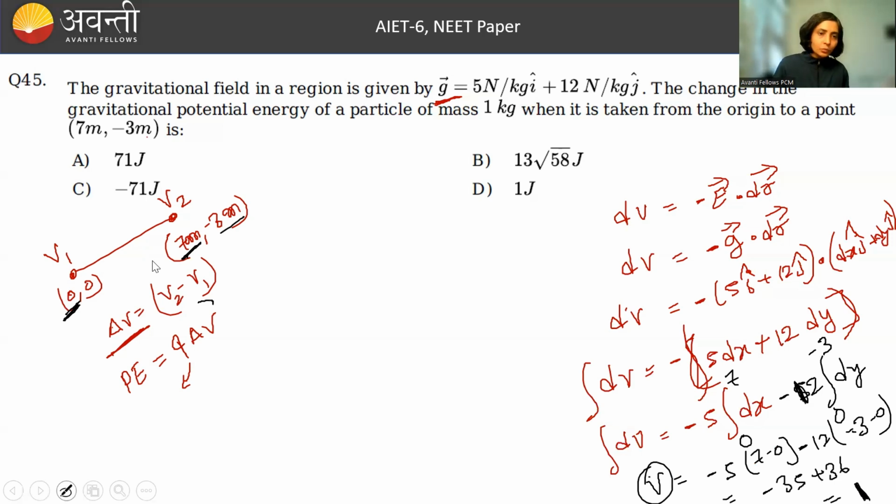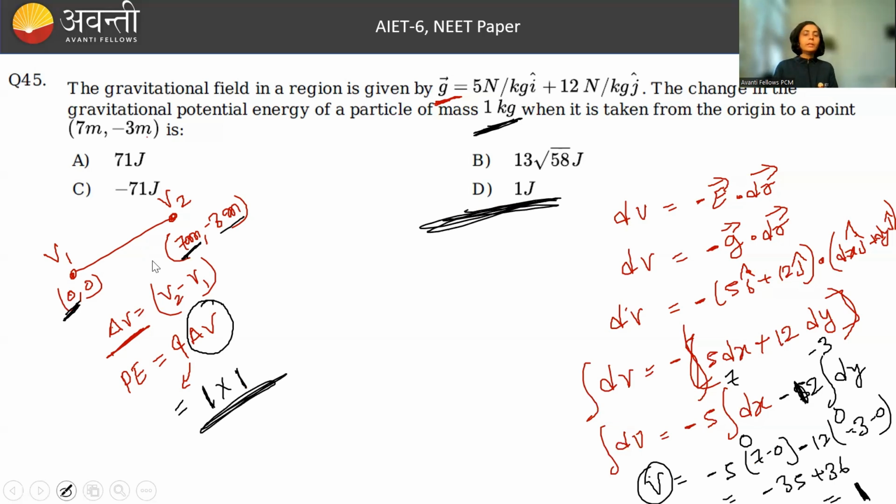The mass is 1 kg, so the potential energy will be 1 kg into 1, which is 1 joule. So the correct answer will be D. Now see how easy this question became. There is always a parallel between electrostatics and gravitation, and you can apply that parallel.